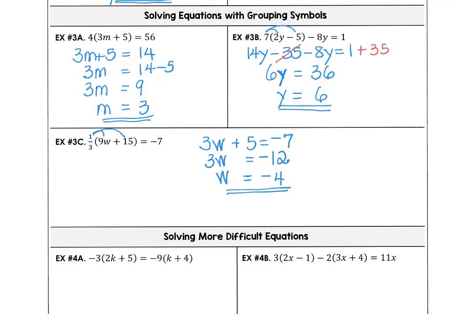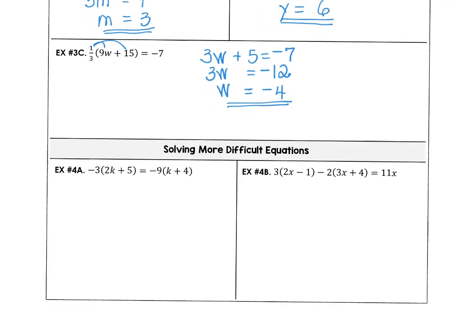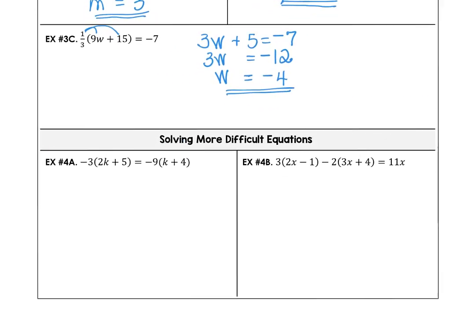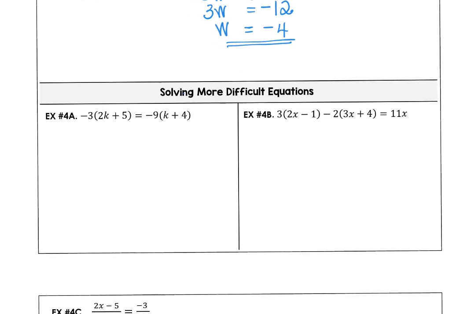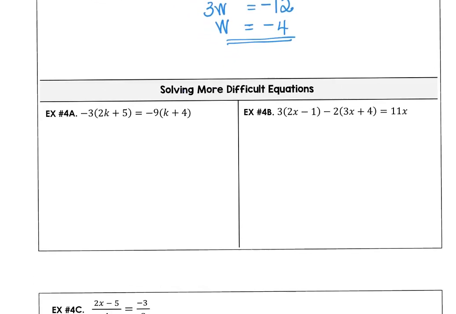In example 4, we have a few more difficult equations. Let's take a look at those. Using distributive property, -6k minus 15 equals -9k minus 36.